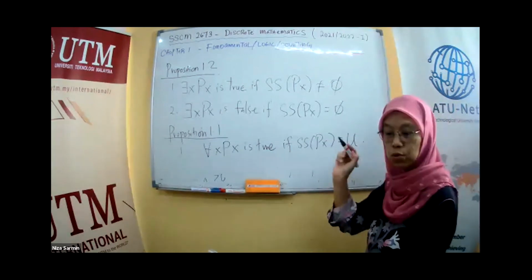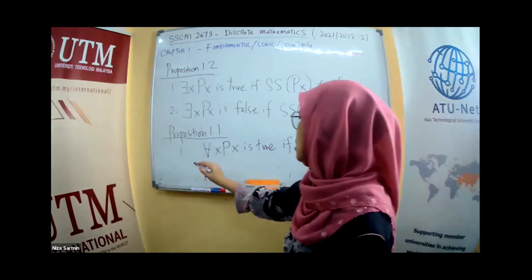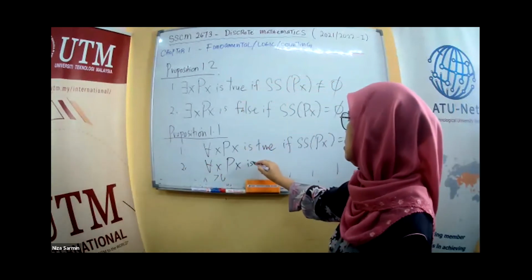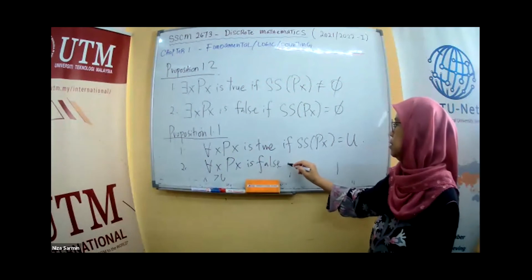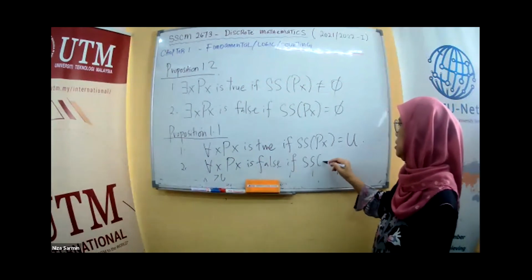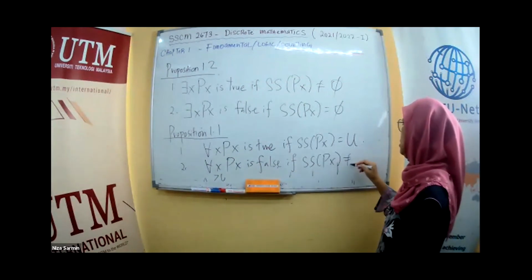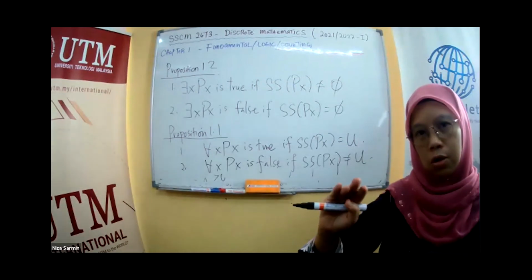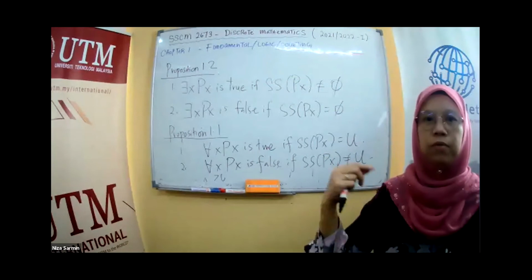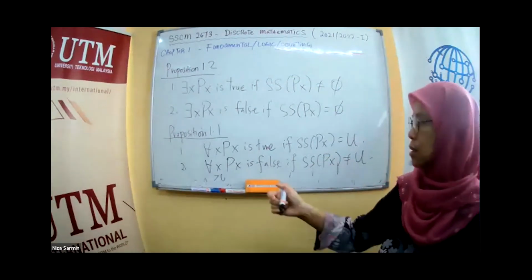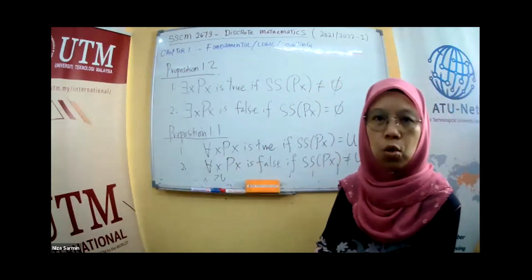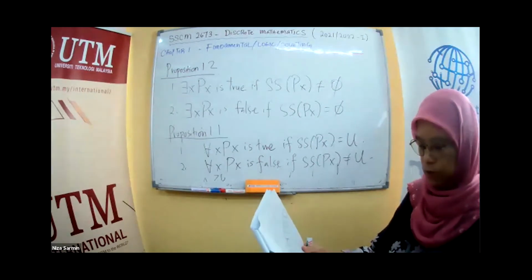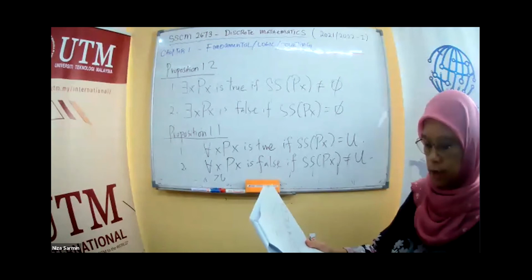True, true, true, true, true for all. And for all x, P(x) is false if the solution set is not U. Because it has to be all true before you can accept the whole quantifier, the universe one.